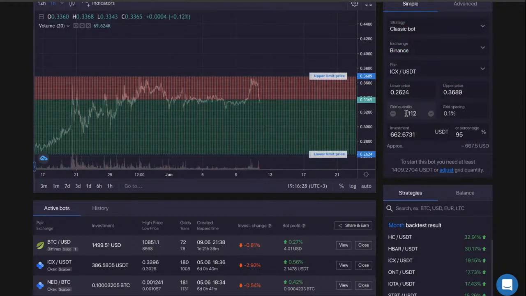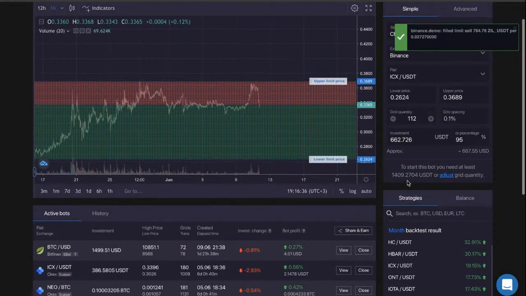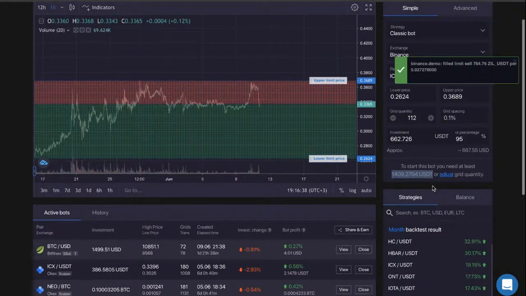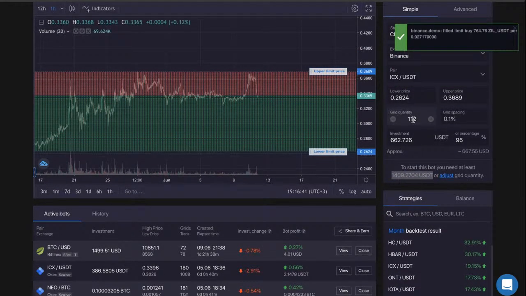So in order to initiate that amount of grid levels, the system is telling me that I must have at least that amount of USDT. Because for each grid level, there is an investment allocated, all right? And on Binance, there are requirements. For instance, if you choose BNB trading to USDT, in this case, the minimum order size is going to be 10 USDT.